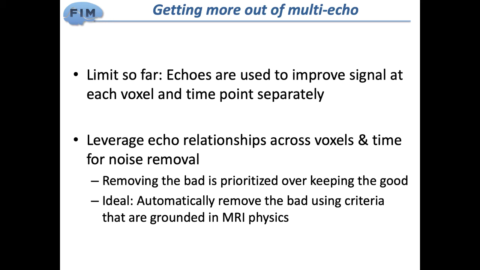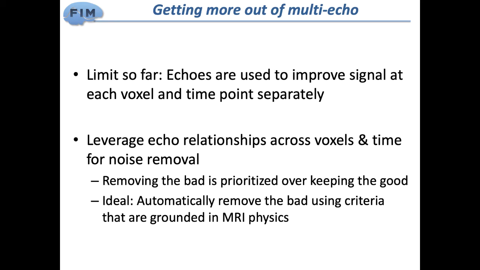But the limit is every calculation is done separately per voxel per time point. So every single voxel has a time series, and every single time series you're making some sort of model fit or some weighted average. And that can help, but you're leaving a lot on the floor. So the big innovation that Prantik came up with was to leverage echo relationships across voxels and time for noise removal.